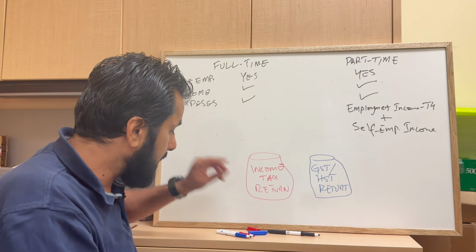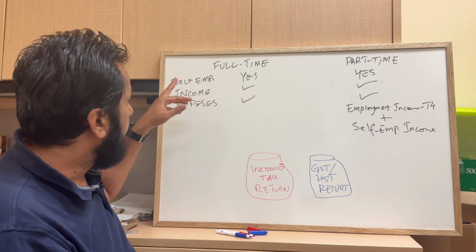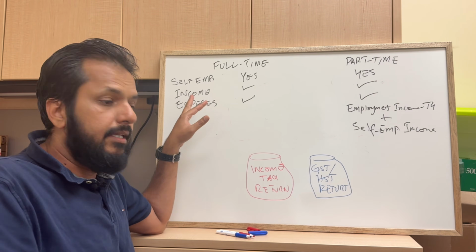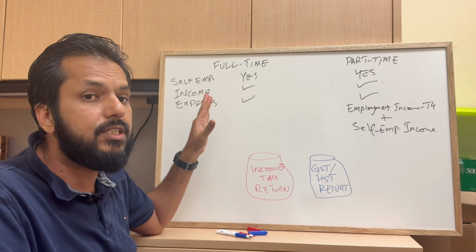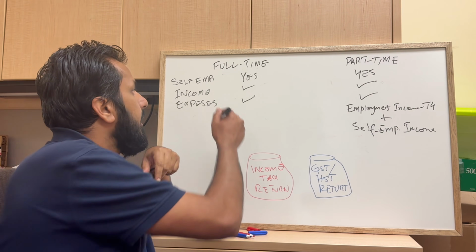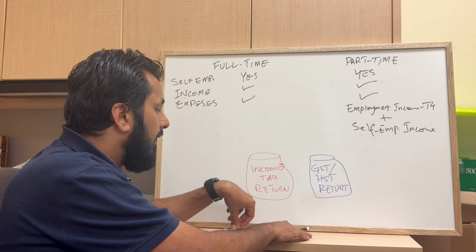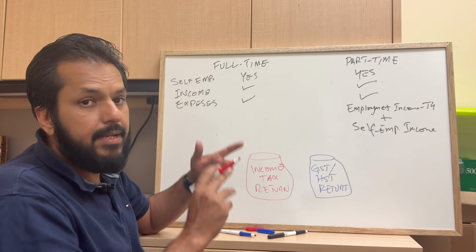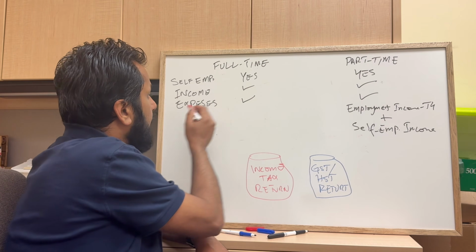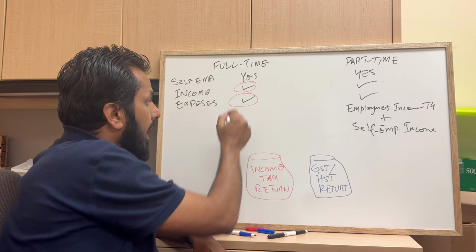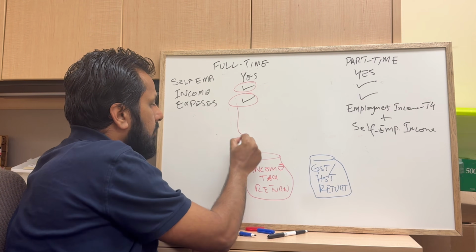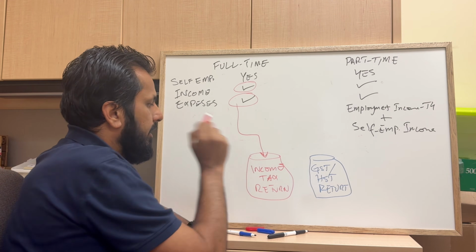Now, quickly, what's going to happen is that this guy, since he's just self-employed, is going to file an income tax return, right, which will have income and expenses, and all that information is going to go into here.